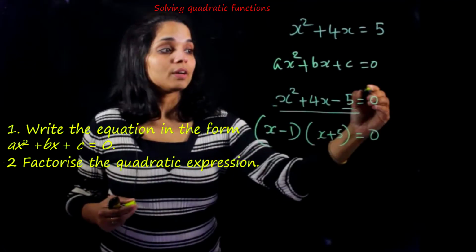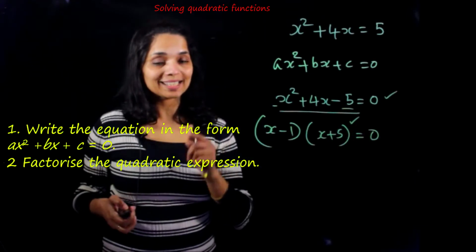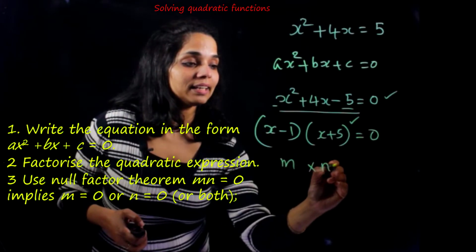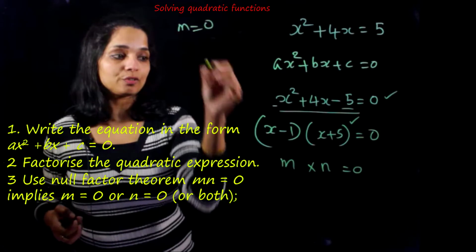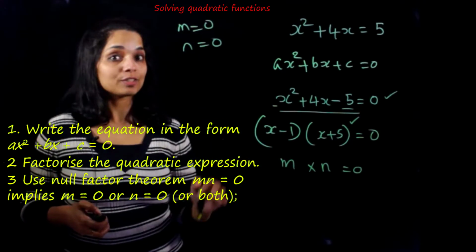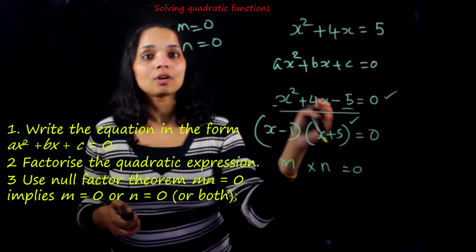So we have written the equation in standard form and factorized the quadratic expression. What's the next thing? If m times n equals 0, then m equals 0 or n equals 0 or both are 0. This is the null factor law. We're going to use the null factor law to solve for x.